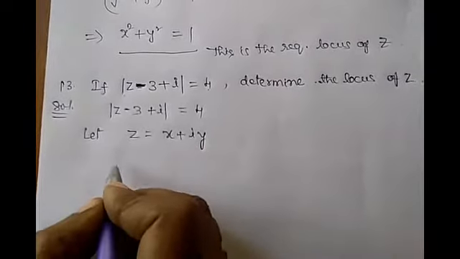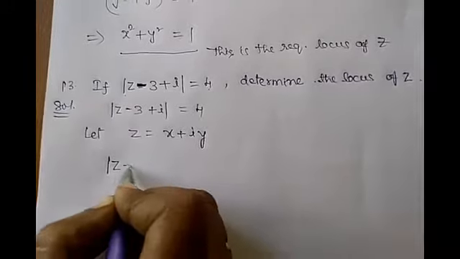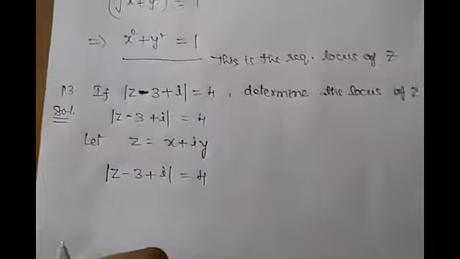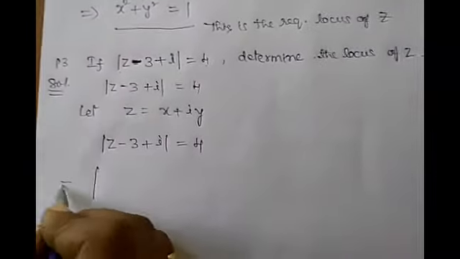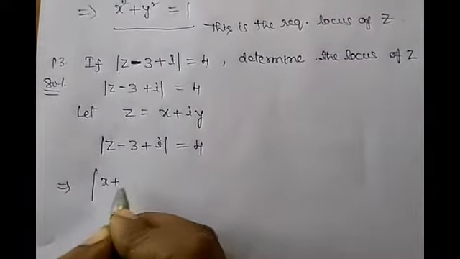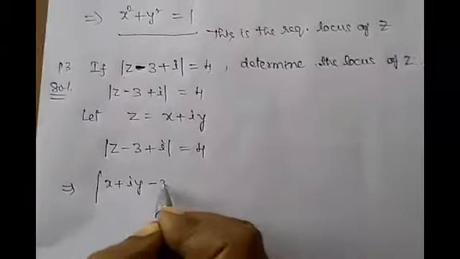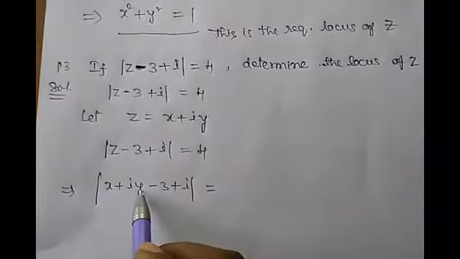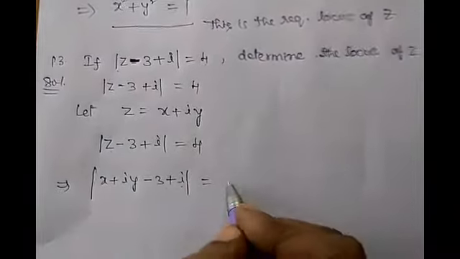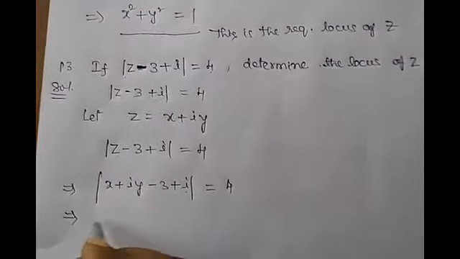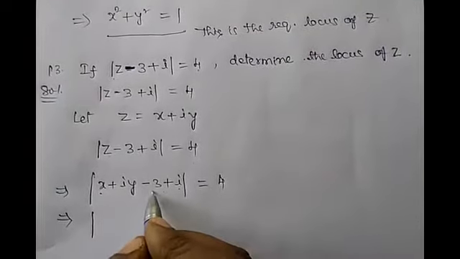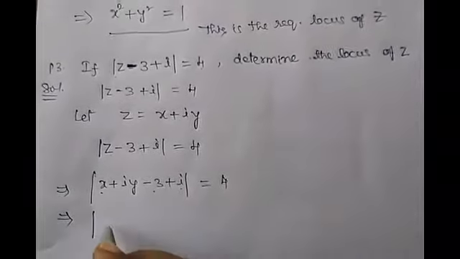Now, modulus of z minus 3 plus i equal to 4 means, z means what? x plus iy minus 3 plus i, which gives what? z means x plus iy and minus 3 plus i, which is equal to 4. That implies add real parts together and add imaginary parts together.